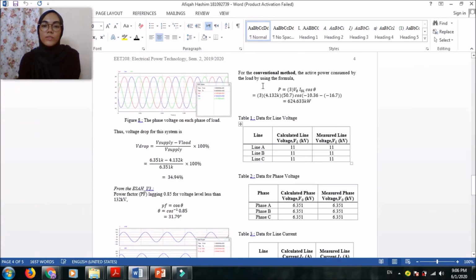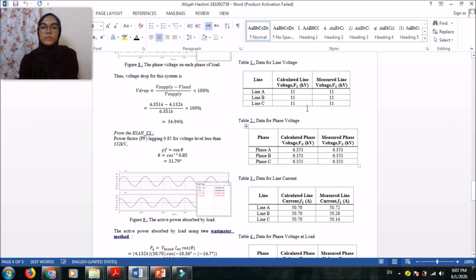And the conventional method, the active power consumed by the load using this formula, they will get the same as the wattmeter, 624.633 kilowatt.